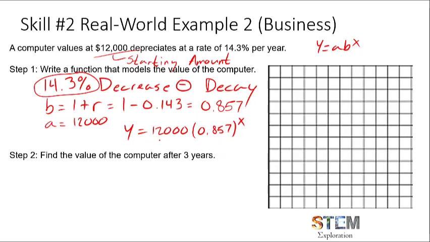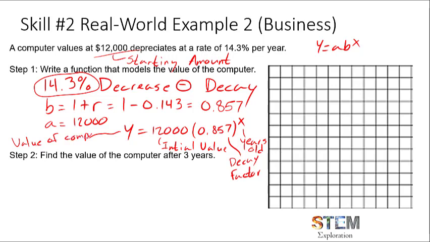And again, what you'll have is the initial value of your computer, the decay factor, and years old. So this is how many years old the computer will be, and then this will be the value of your computer after x years.